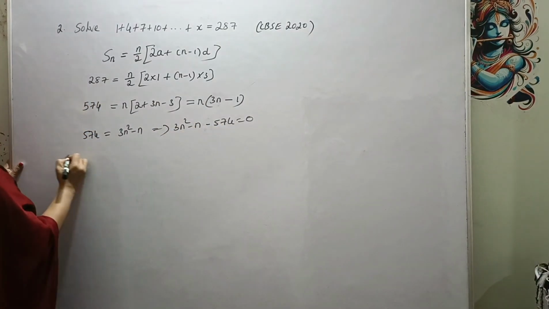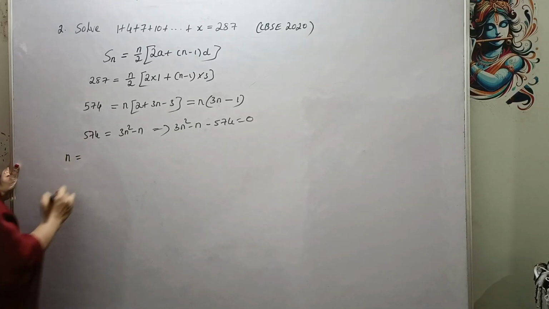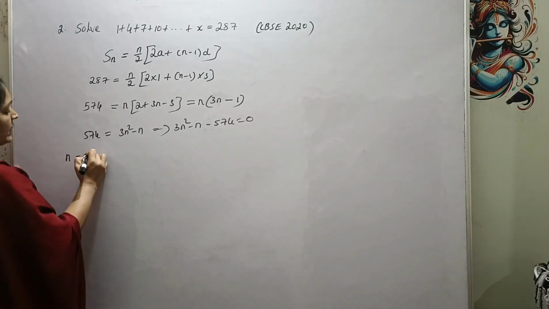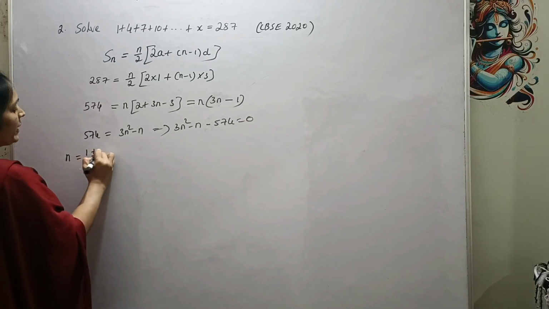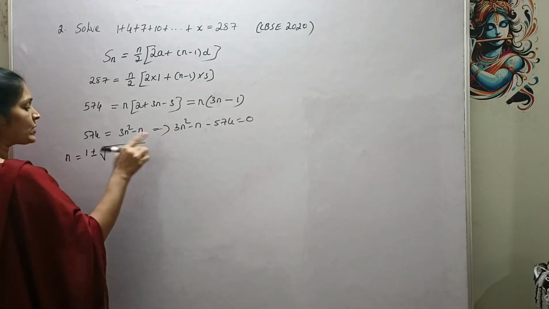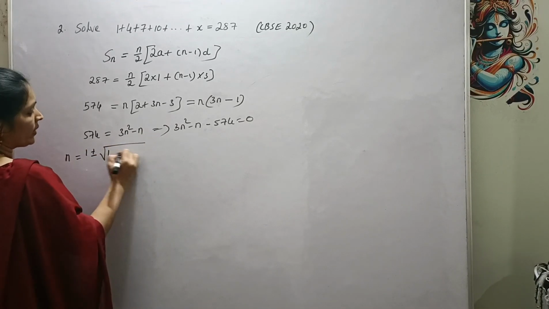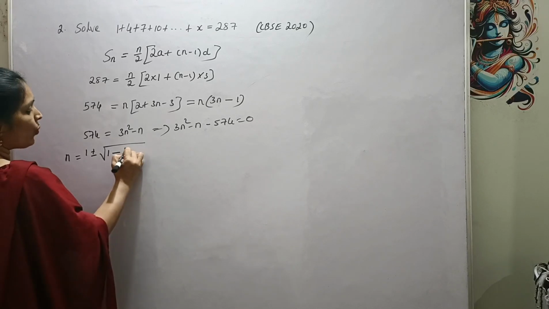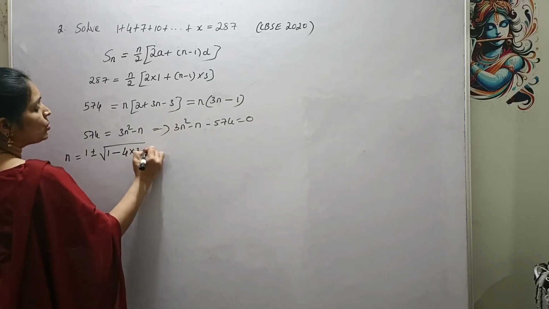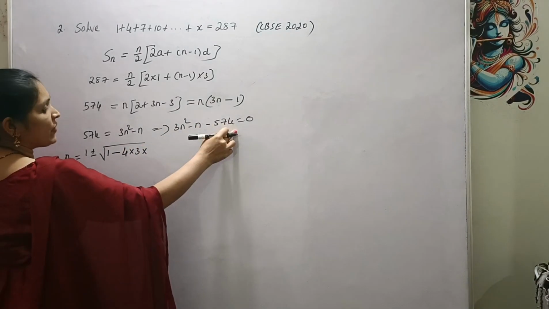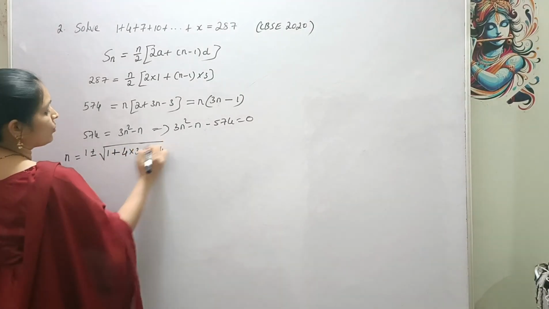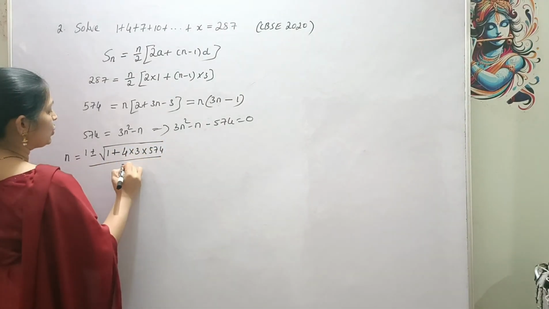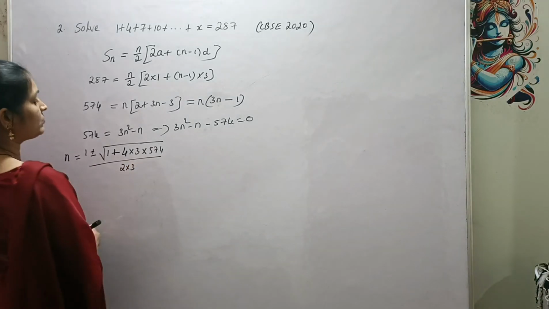Now let's find n is equal to minus b, that is minus of minus 1, plus 1. Plus or minus square root of b square, that is 1 square, 1, minus 4 into a into c, that is minus 574. So minus minus becomes plus 574, divided by 2 into 3.